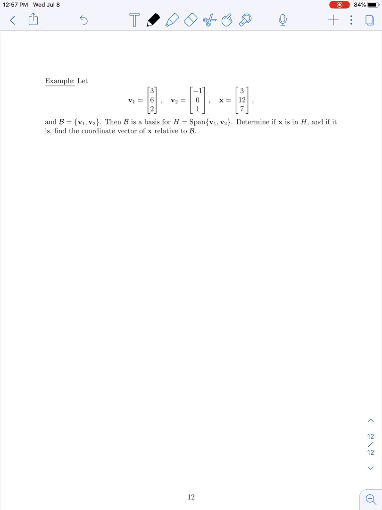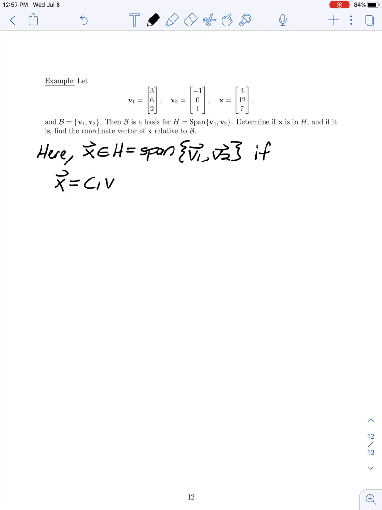So here, let's see if we can determine if x is in H. So we'll say here, x is in H, which was defined as the span of the vectors v1 and v2, if x can be written as a linear combination of those vectors, something of the form c1v1 plus c2v2.